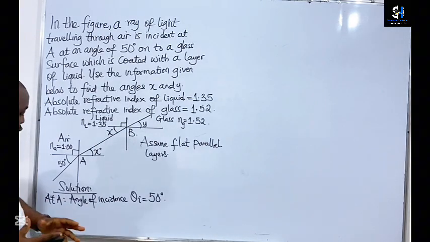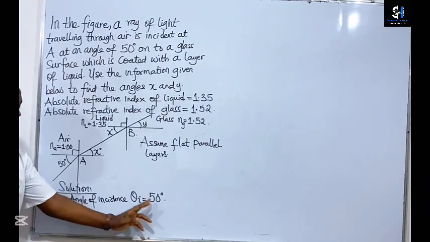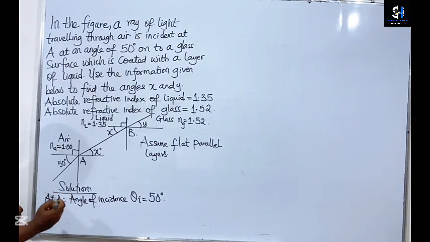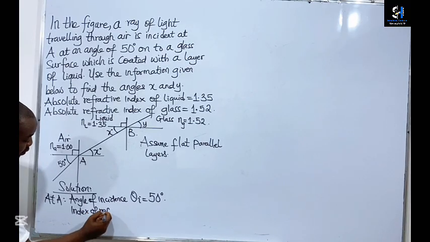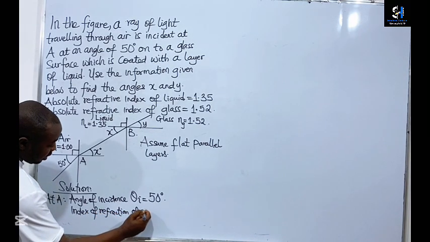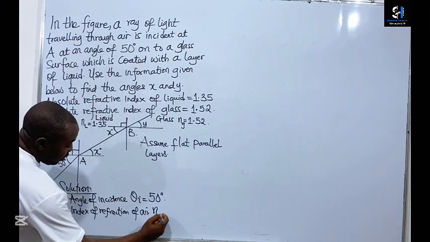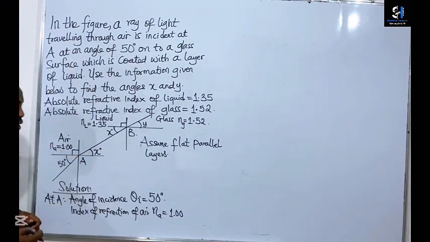First, at A we have the angle of incidence to be 50 degrees, and the index of refraction of air, N subscript A, is 1.00.